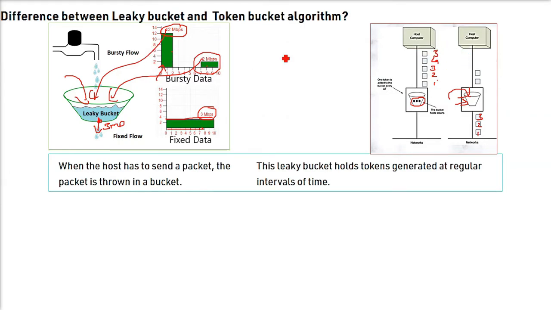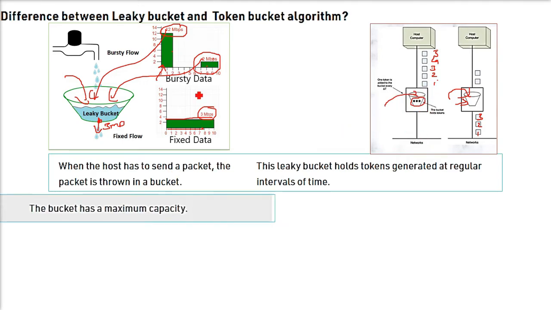In the leaky bucket, when the host has to send a packet, the packet will first be thrown into a bucket. You can call it a buffer. In the token bucket, the packet has to hold tokens generated at regular intervals of time.